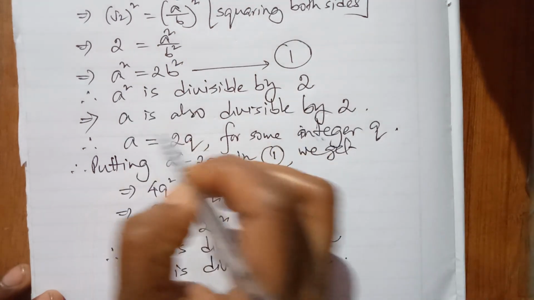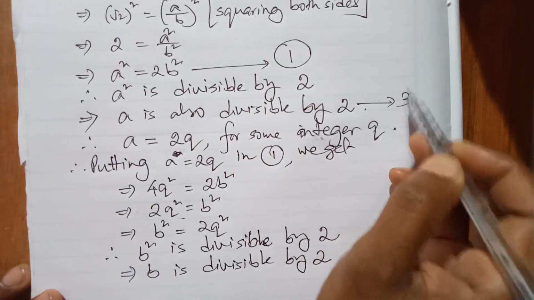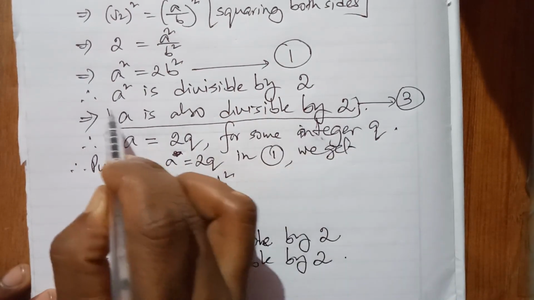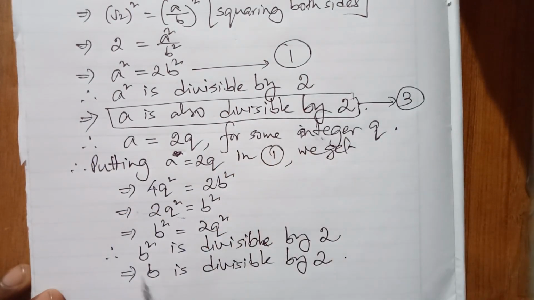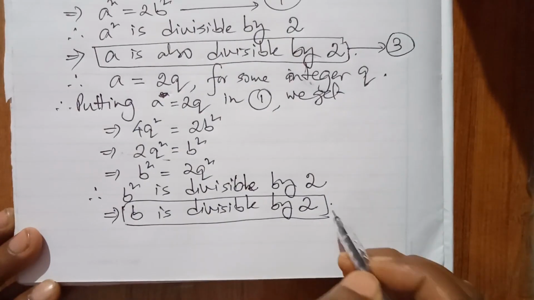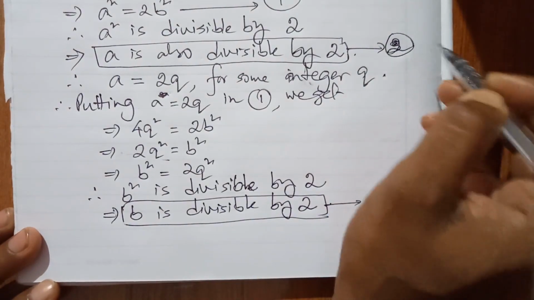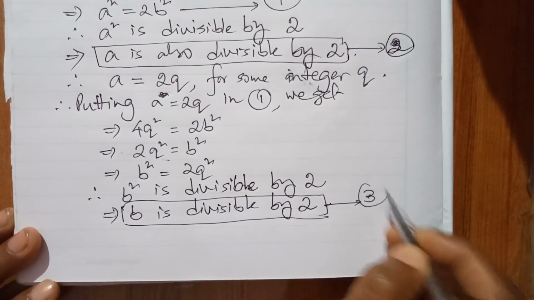So mark this as equation number 3. This one, a is divisible by 2, is equation 2, and this, b is divisible by 2, is equation 3.